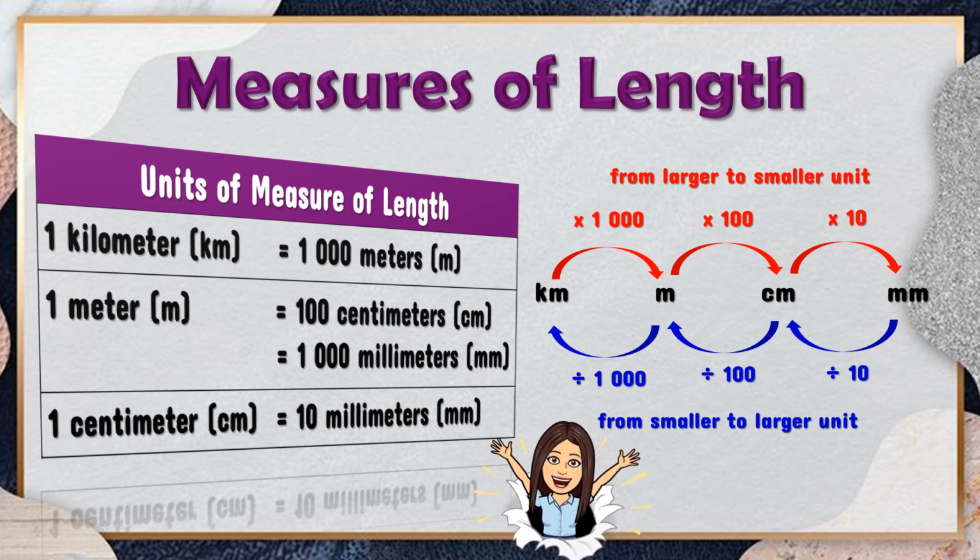And when we convert from smaller to larger unit, we use division. Millimeter to centimeter, divide 10. Centimeter to meter, divide 100. And meter to kilometer, divide 1,000.